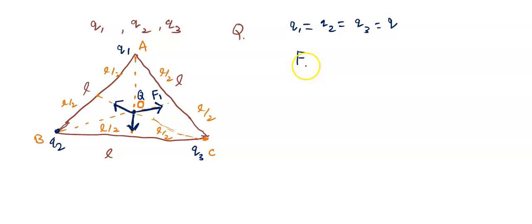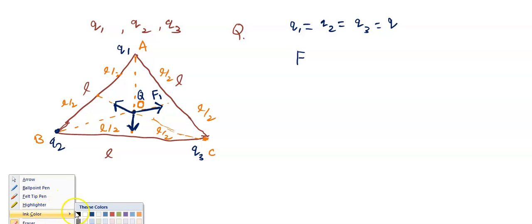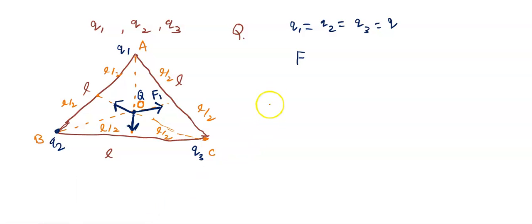So the force of Q1, Q2, Q3 will all be equal. Force acting on O due to 1 is equal to force acting on O due to 2, force acting on O due to 3, and these all forces must be equal. Agreed?